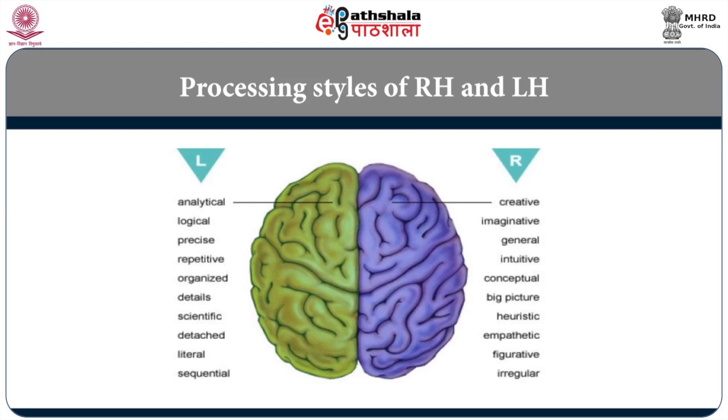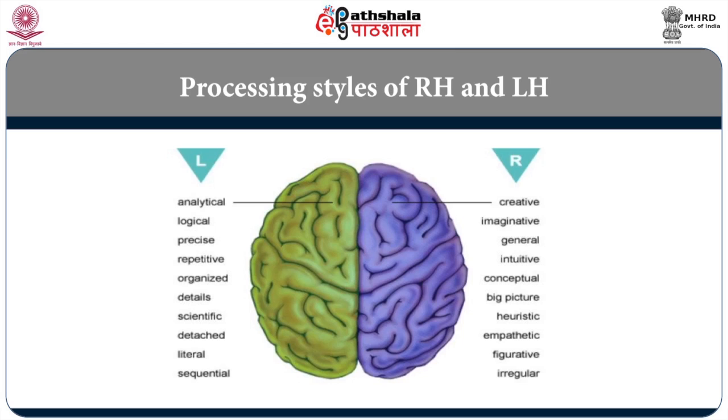These are the styles of processing information by the left hemisphere, which is supposedly dominant in the majority of people. The right hemisphere, on the other hand, is creative, imaginative, intuitive, conceptual. It looks at the holistic, big picture, and is heuristic, empathetic, figurative, irregular.